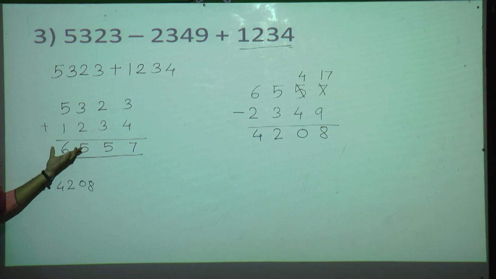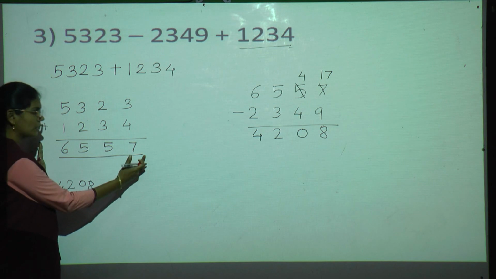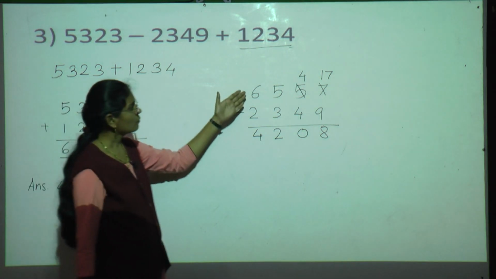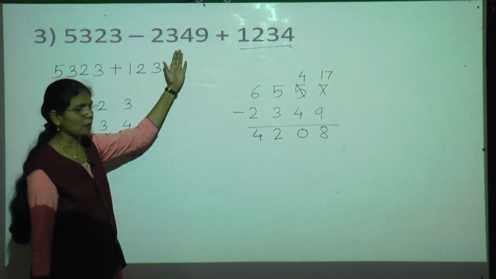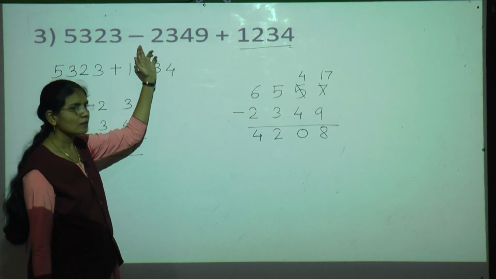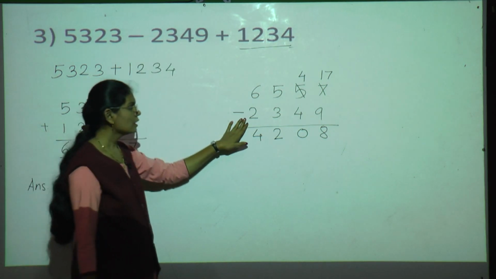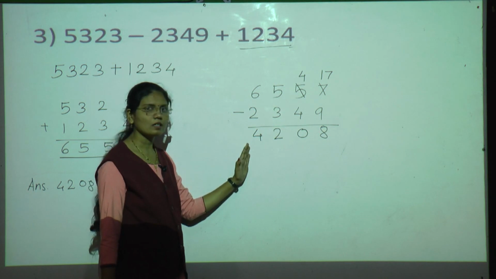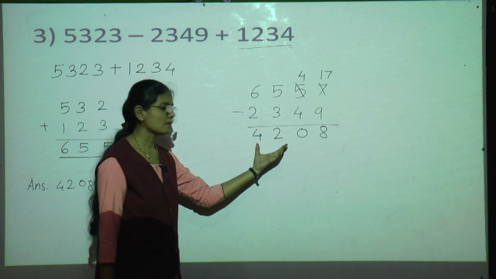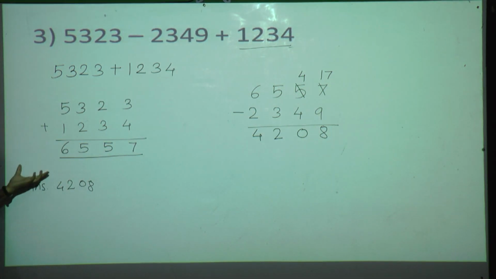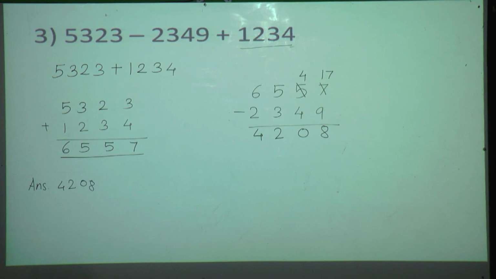After addition, from whatever sum we get, we have to subtract the remaining number. Here this number is having a negative sign, a minus sign, so we will take this number here and do the subtraction, and this is our final answer. So in this way you can solve this example.